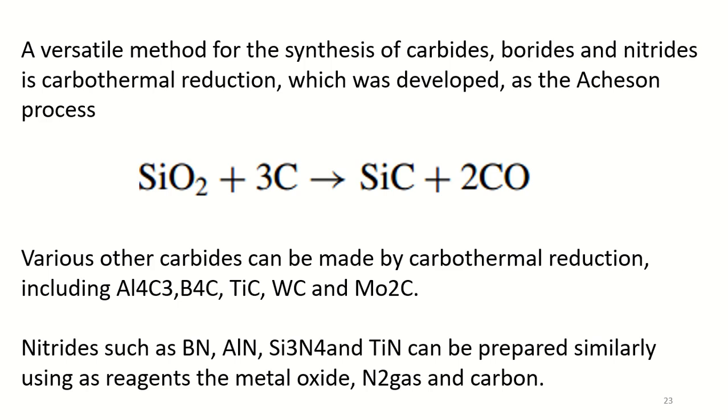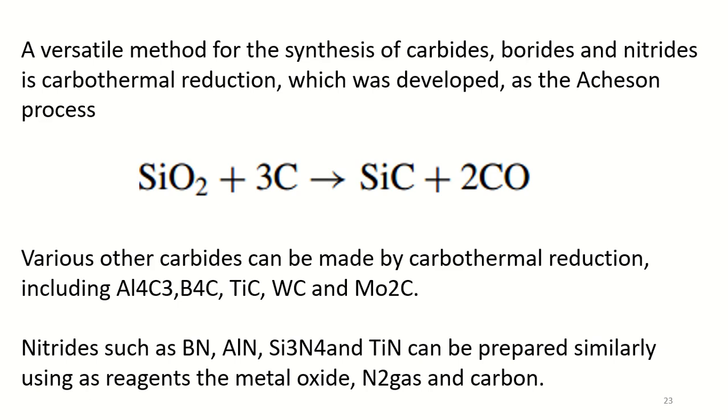This process is actually to fabricate silicon carbide from a mixture of silicon dioxide SiO2 and carbon using the following overall reaction: SiO2 and carbon are reacted together and form silicon carbide and carbon monoxide gas.